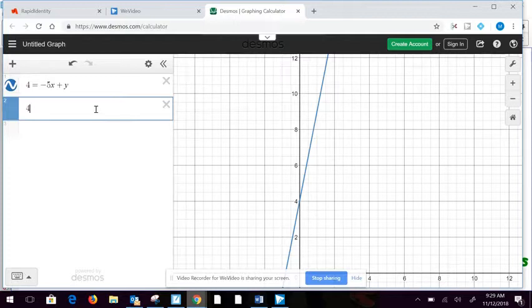Now I'm going to type it in one more time. 4 plus 5x is equal to y. Did you see how that line changed to green? Watch that one more time. It's blue. When I type in my second equation, now it's green and it's darker because it means that those are exactly the same line. So that is why our answer is infinitely many solutions.